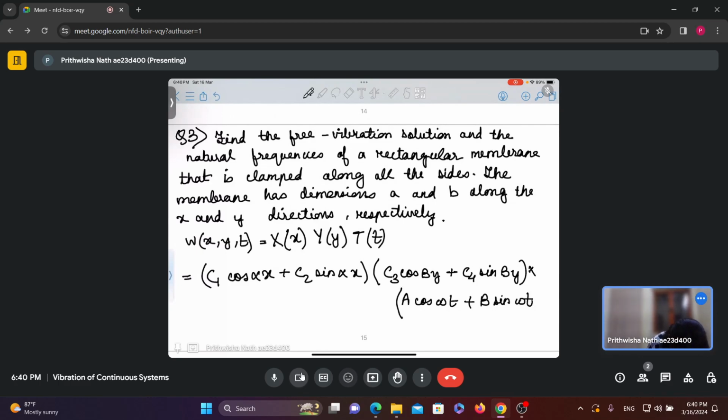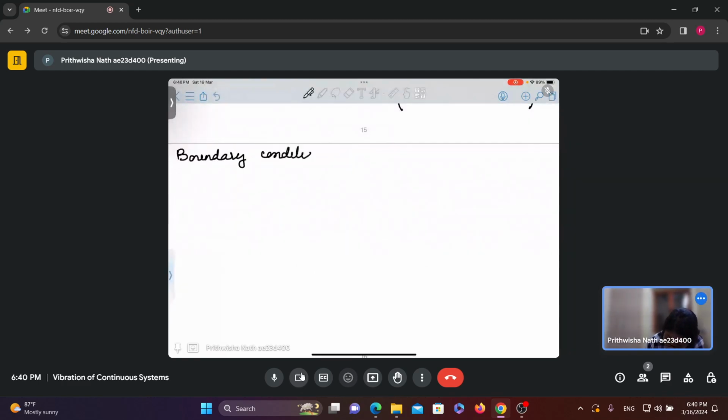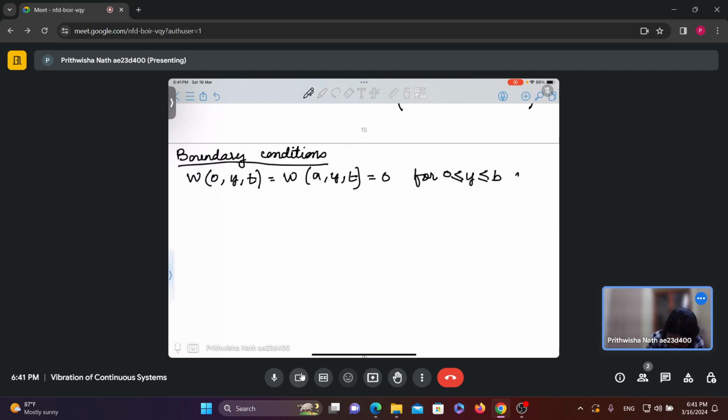Now what are the boundary conditions? Boundary conditions: W(0, y, t) and W(A, y, t) are 0 for y varying from 0 to b and t greater than or equal to 0.